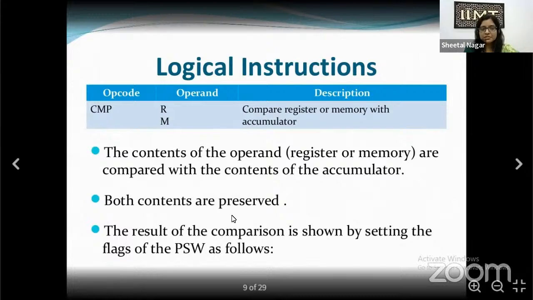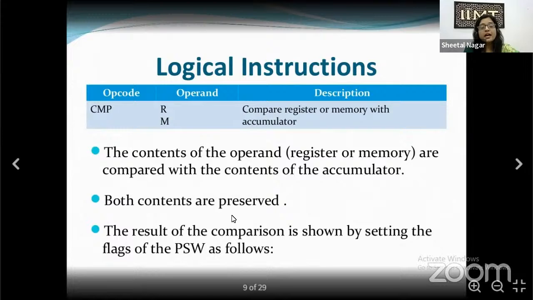For example, which general purpose registers do we have in 8085? B, C, D, E, H and L. So we can compare the contents of any general purpose register with the contents of the accumulator with the help of the compare instruction. The contents of the operand are compared with the contents of the accumulator.